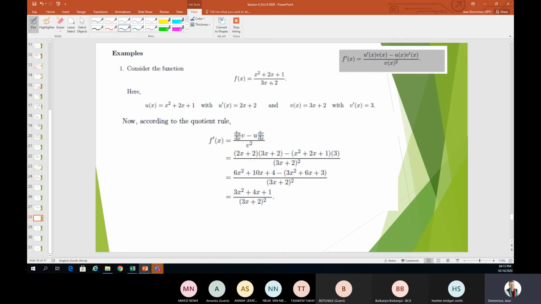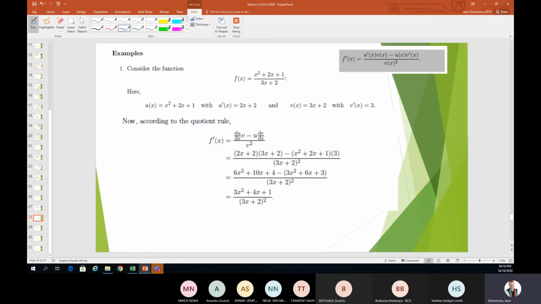So if that was only a 2, then we could have divided everything by 2, that by 2, that by 2, and it would have been fine. If it was only 3x, we could have done the same. But when it is 2 terms, or 3 terms or more, then you need to use the quotient rule. There's nothing else you can do to solve the answer except using the quotient rule to do the differentiation.